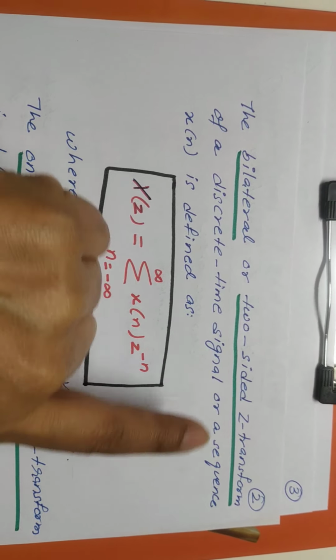This is very important, students. If we are not having any point in the z plane for which the X of z converges, then the sequence x of n is said to have no Z transform. Now we need to remember this point very carefully.